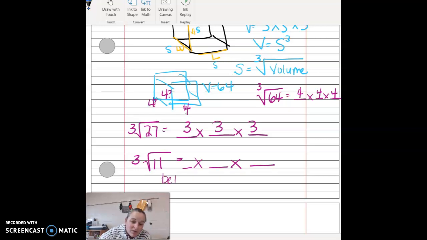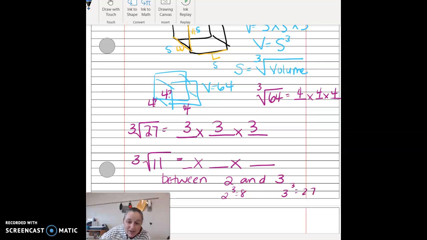So we know it's between 2 and 3, because 2 cubed is 8 and 3 cubed is 27. So it's between 8 and 27, a little closer to the 8, so it's got to be closer to the 2. It's 2 point something, probably 2.1, 2.2, 2.3, something like that, but it's closer to the 2.